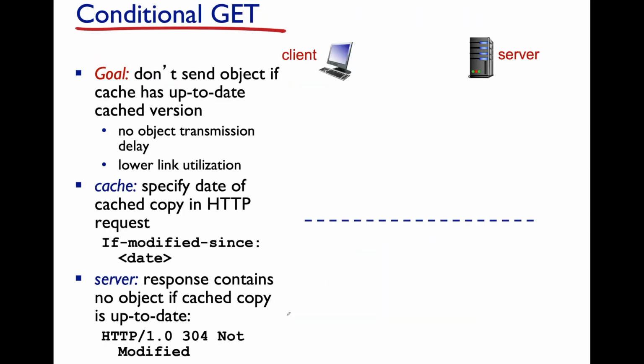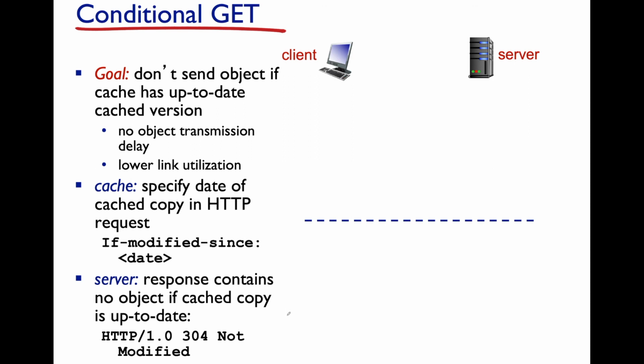And so let's talk about the mechanism that caching uses. The mechanism is handled in HTTP in the header line section using a header line keyword called if modified since. The goal is the client checks the date for an object that it contains locally against the date on an object on the server.